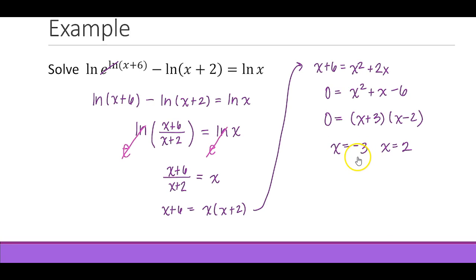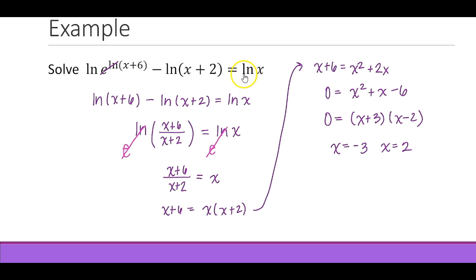Now I have to check whether these values will make any of the original insides of the logs end up being negative. So -3 is definitely a problem because on the right hand side I had a natural log of x and I can't put a -3 in there. So there's no point in checking the other ones, even though -3 plus 2 is negative, but it does make the first one work.